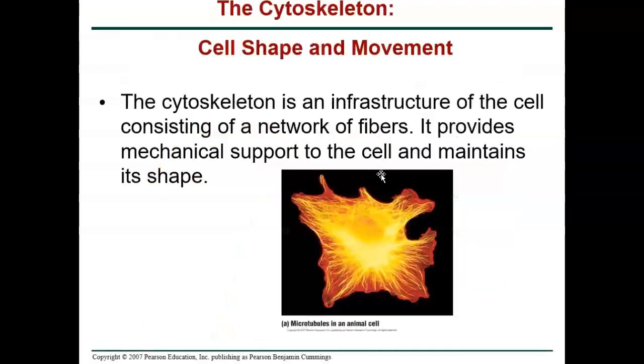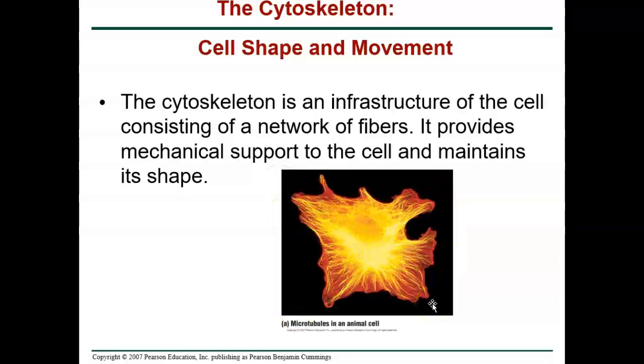Now we've got the cytoskeleton. So what words do you have here? Cyto means cell, and skeleton means skeleton. So it's basically the cell skeleton. This is going to be a network of fibers. It provides mechanical support. When you have something cool like an amoeba, it actually is how the whole animal moves.